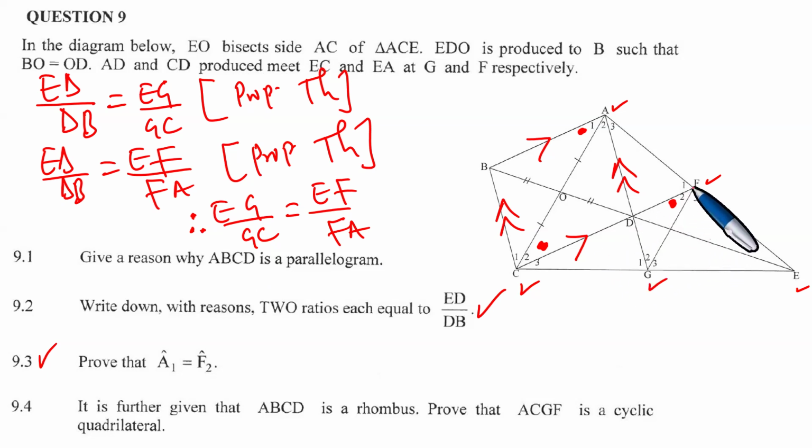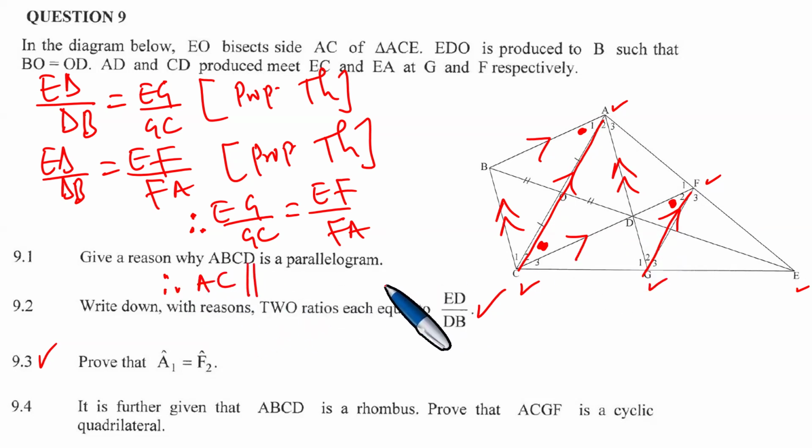It means, therefore, that this line here and this line here are parallel lines. Wow, kudos. Learn the geometry because you are expected to know how to apply it, how to prove things like this. That means, therefore, that AC is parallel to FG.